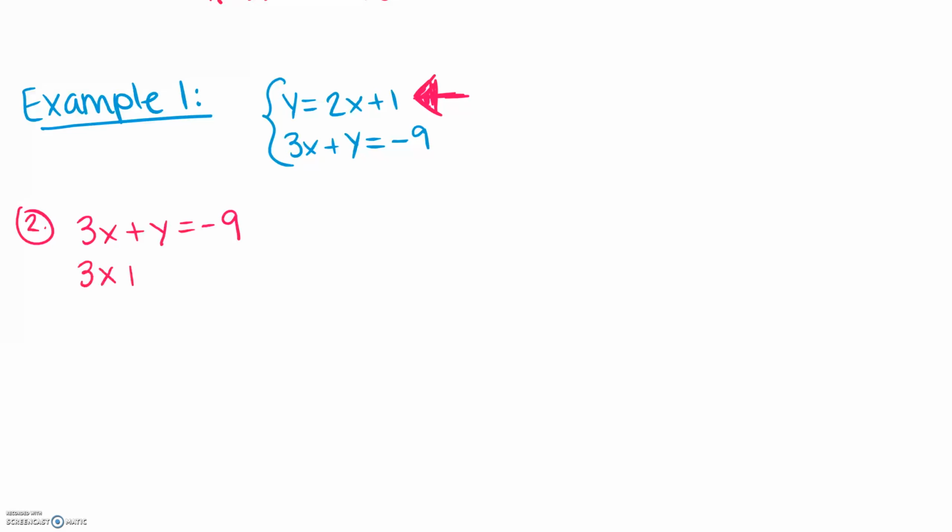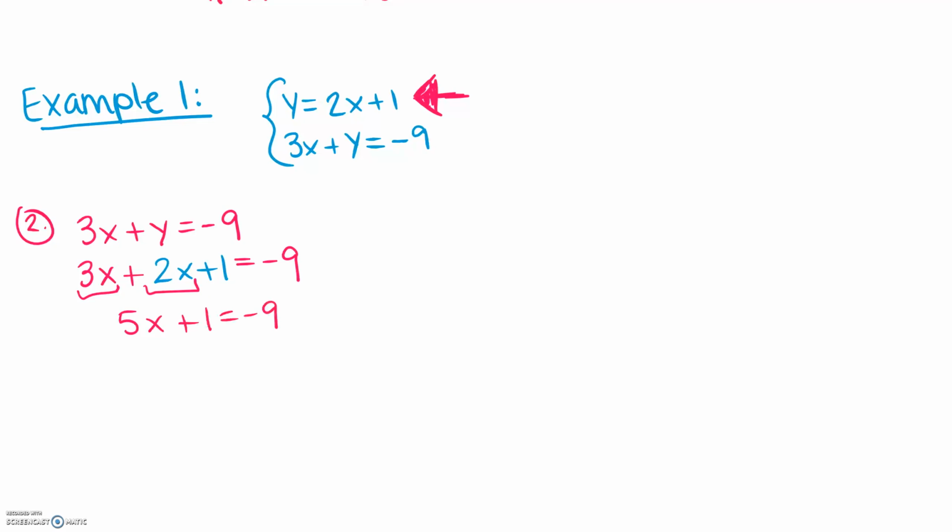So I'll have 3x plus 2x plus 1 is equal to negative 9. Now that I've substituted, I can solve for the missing variable and combine my like terms. I have a 3x and a 2x that I can combine. 3 plus 2 gives me 5x plus 1 equals negative 9.